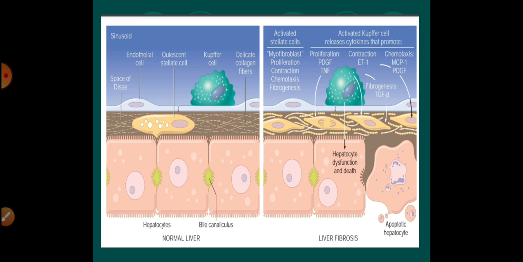These activated stellate cells will be converted to myofibroblastic cells, which are stimulated to proliferate, and they start producing an increased amount of collagen, especially type 1 and type 3 collagen, which gets deposited in the space of Disse. So whenever there is fibrosis, the earliest fibrotic changes will start in the space of Disse, especially around the central vein, from where it may extend to other areas.